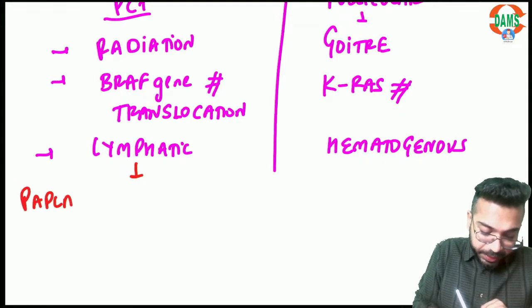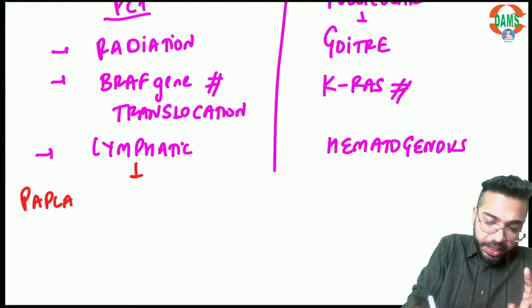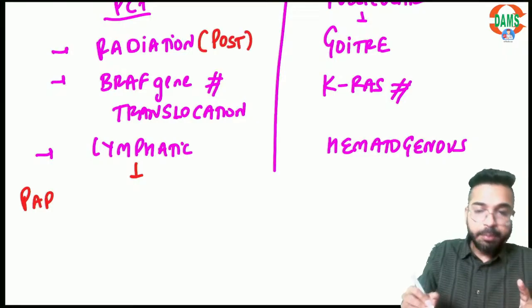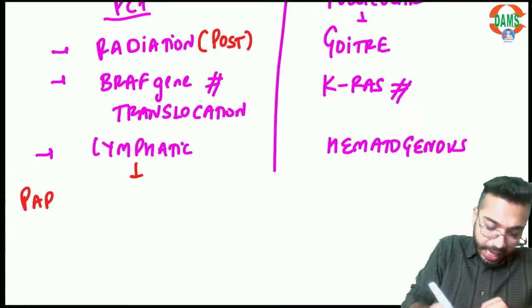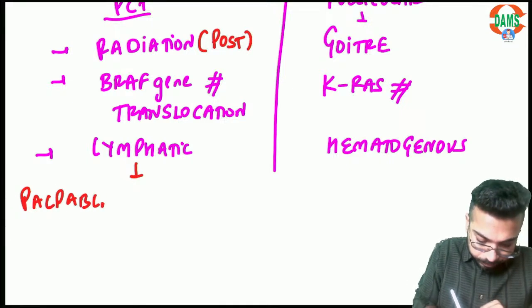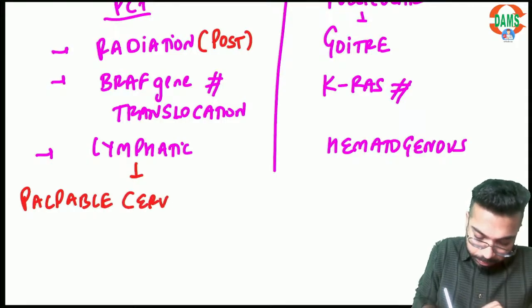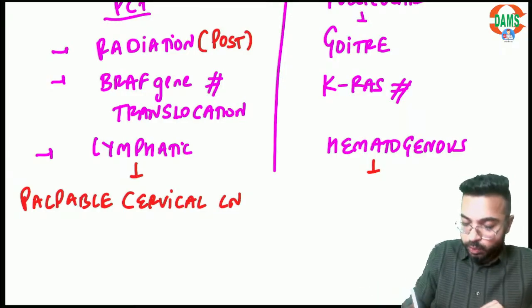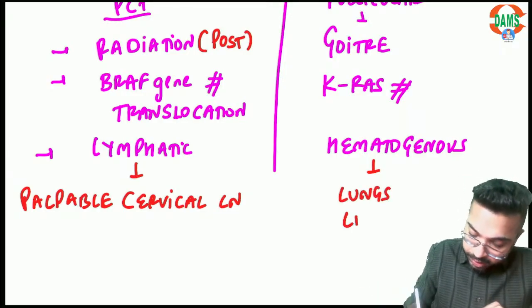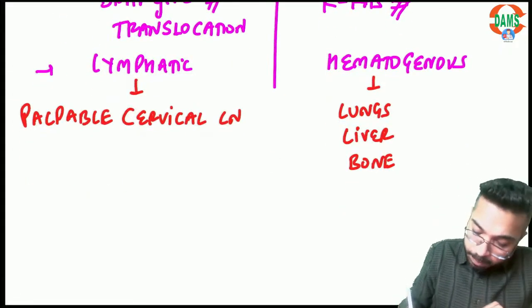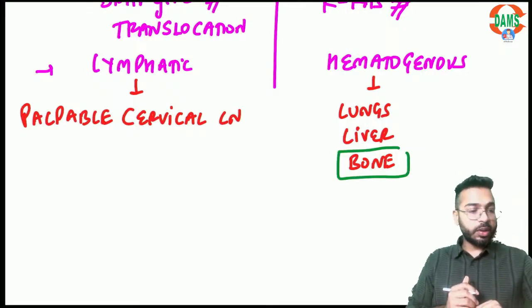P for papillary, P for patient will come post radiation, as we discussed in the class, with palpable cervical lymph nodes. Hematogenous spread will give you lungs, liver, distant metastasis and bone also. Hematogenous will go to bones because they asked about bone. Remember, it has to be follicular carcinoma.